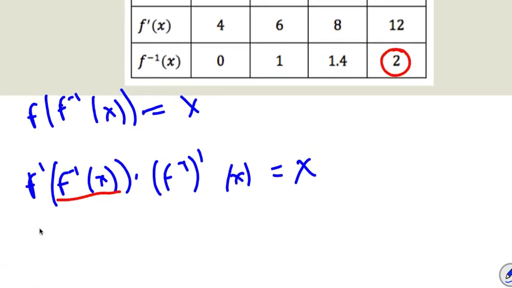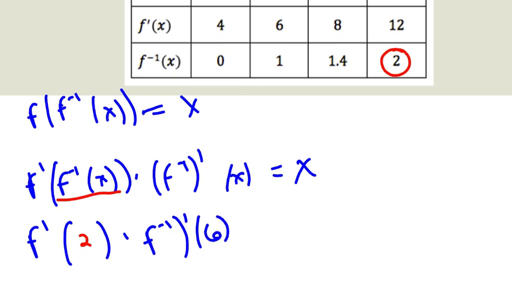Okay, so I have f prime of 2 times f inverse prime of 6, which is what we're looking for, equals, this is not an x because I did the derivative in that step, that should be a 1.